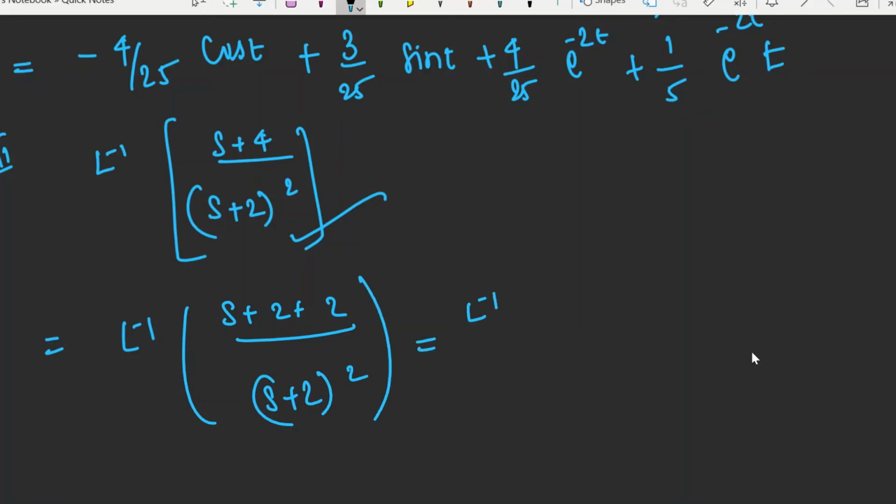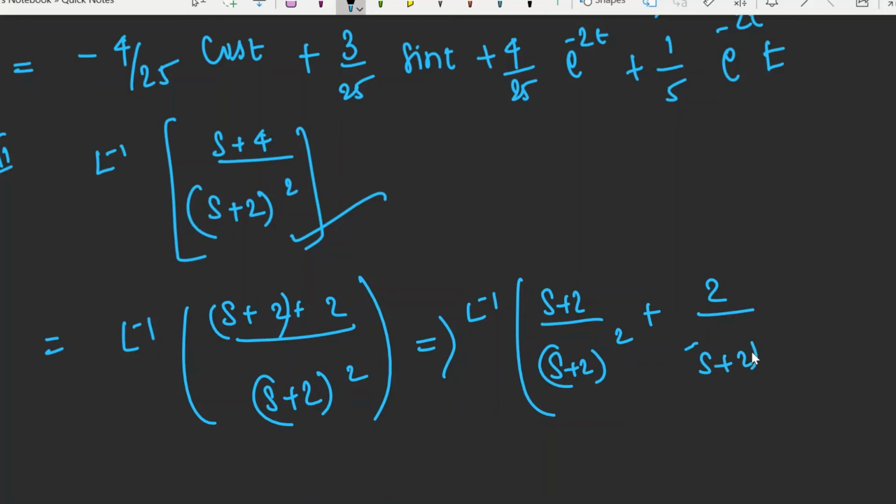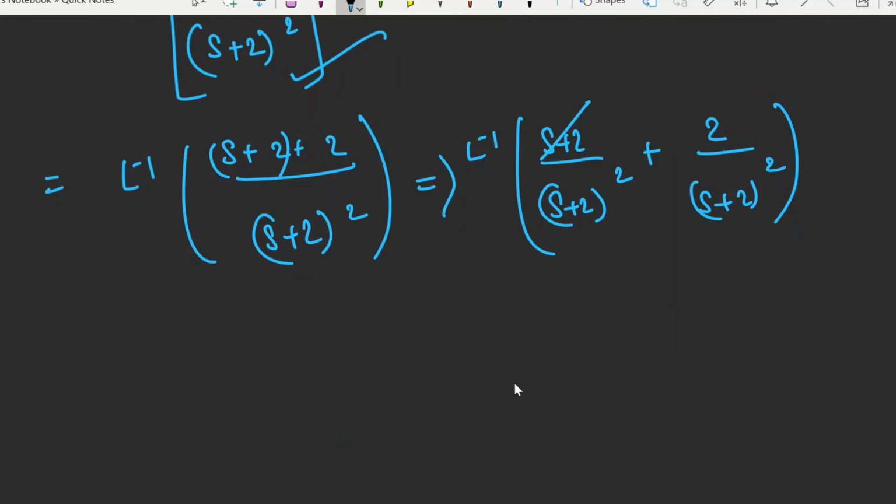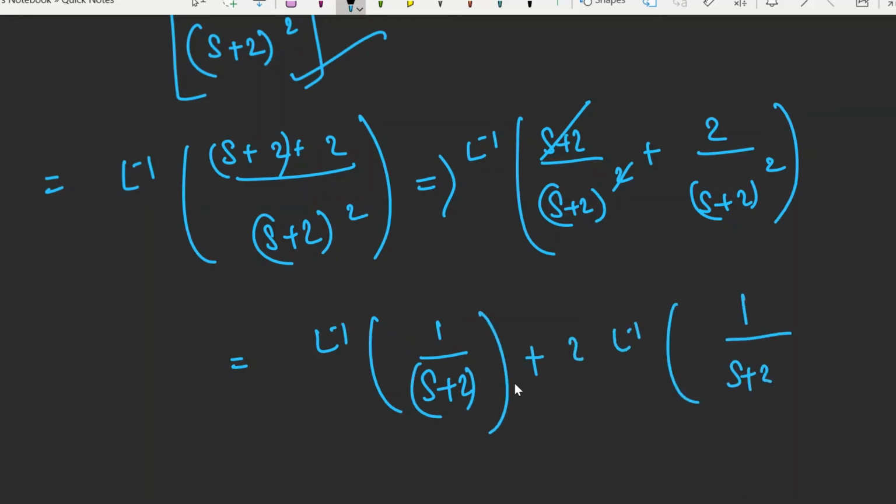Now L inverse of, I will combine this one, s plus 2 by s plus 2 the whole square plus 2 divided by s plus 2 the whole square. Now one time of s plus 2 gets cancelled. So L inverse of 1 by s plus 2, plus 2 into L inverse of 1 by s plus 2 the whole square.